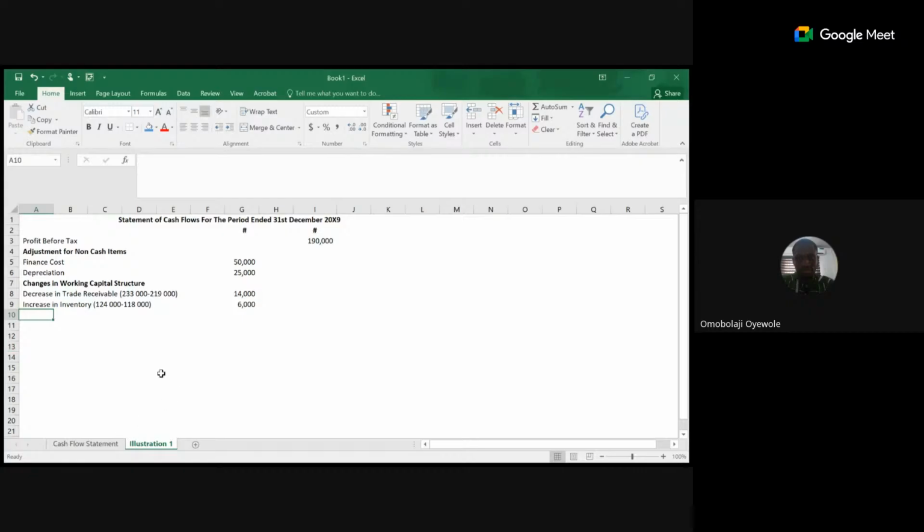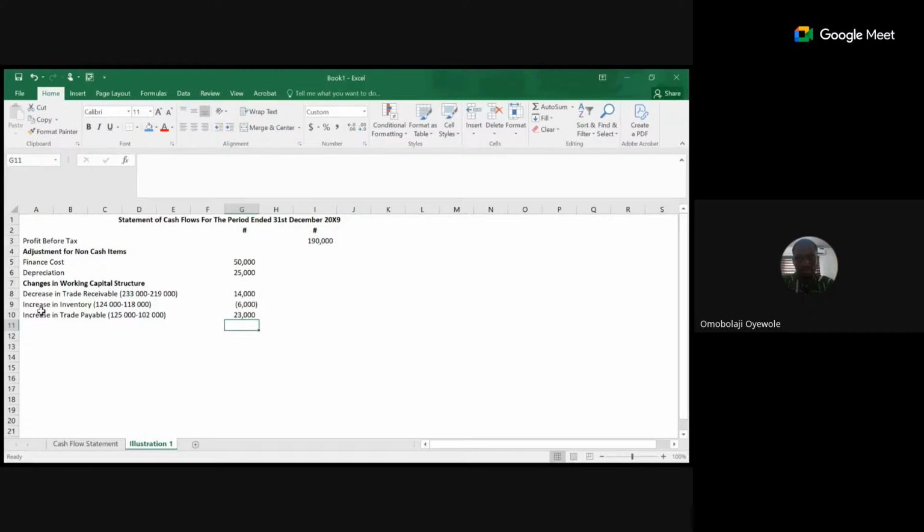Sorry, this thing is supposed to be an inflow. Now, increase in trade payable, that will be 125,000 minus 102,000. So that would be an inflow of 23,000.